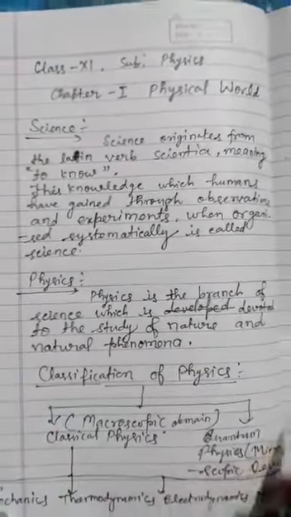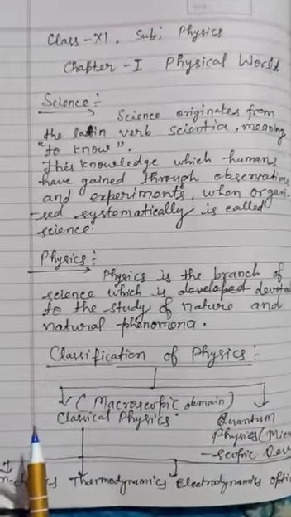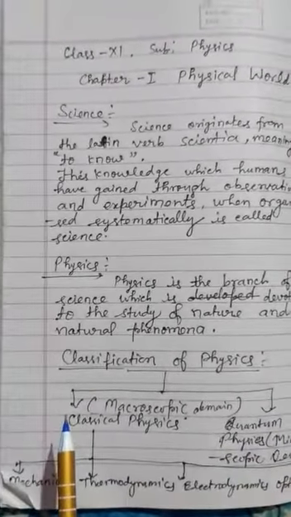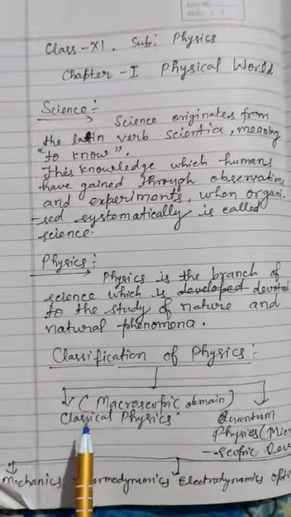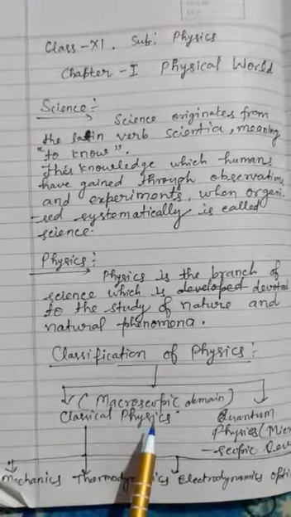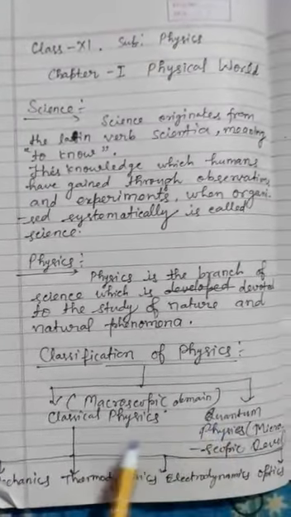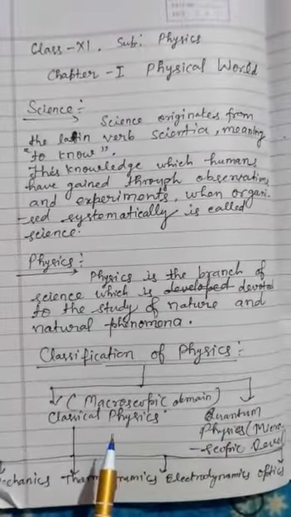And physics is classified into different parts, in which the first part is classical physics and the other part is quantum physics. Classical physics is the old theory of physics which deals with every phenomenon at the macroscopic domain, that means at a particle level, at an object level.